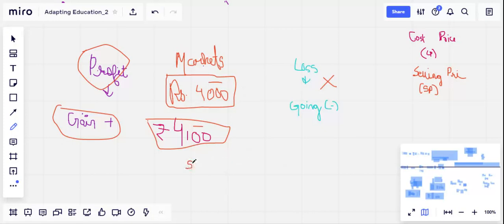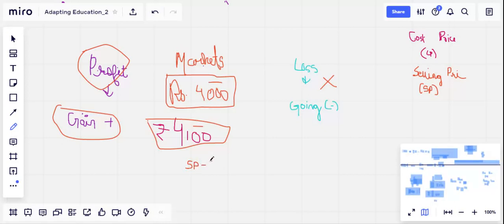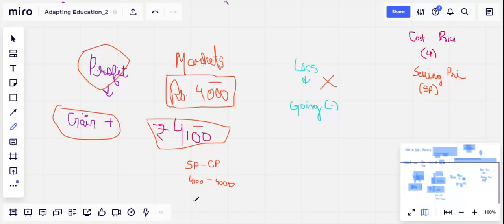If you have a profit, then you subtract the cost price from the selling price, which is 4,100 minus 4,000, and we find that the profit is rupees 100. So this was a scene of profit.